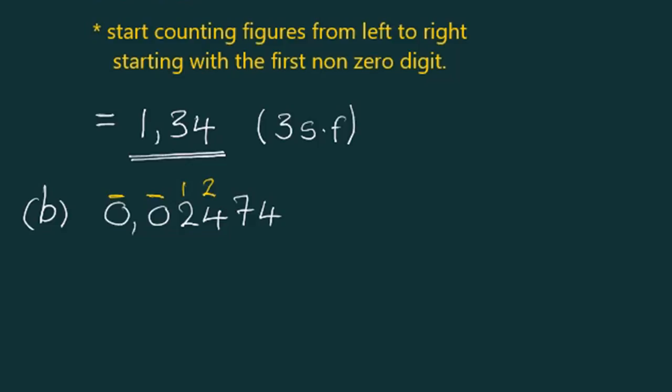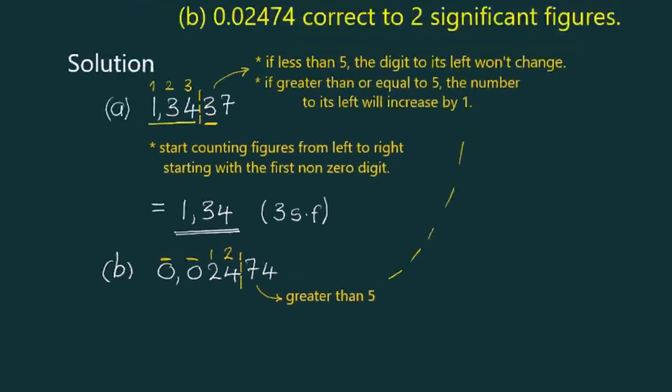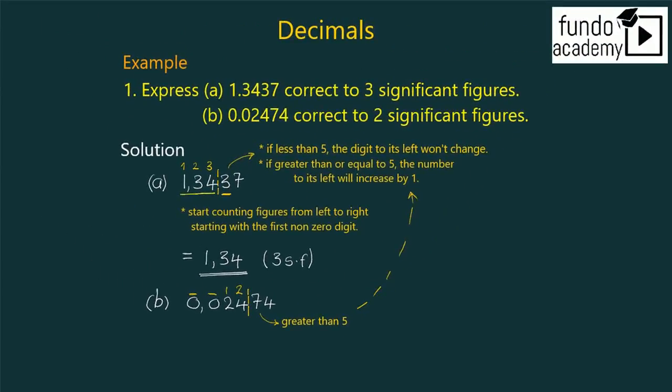So we break it from here and we look at the number that is ahead of our second significant figure, which is 7, and it is greater than 5. So since it's greater than 5, recall what we said: the number to its left will increase by 1.